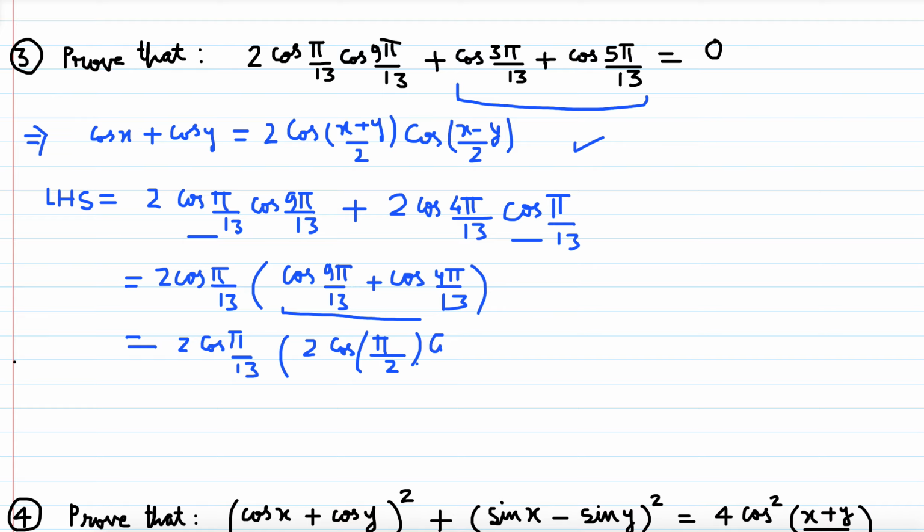And second is x minus y by 2. 9 minus 4 is 5, and 2 comes in the denominator, so it becomes 13 times 2, 26. But we know that cos pi by 2 is 0, cos 90 degrees is 0, so this complete term becomes 0, which is equal to our right hand side. So this way we have proved it.